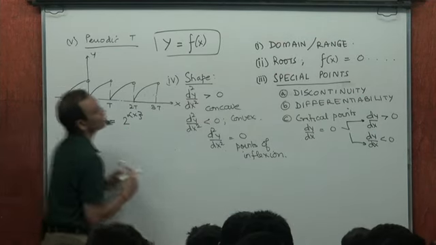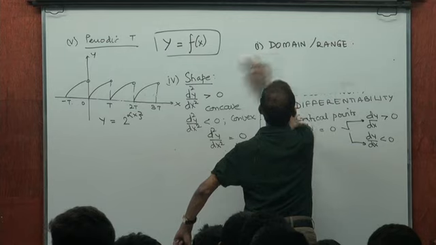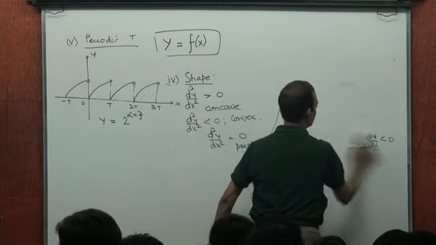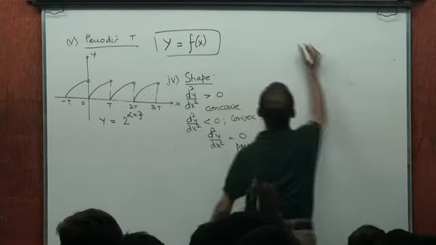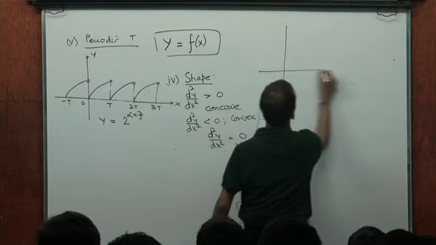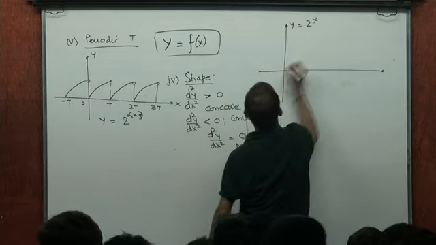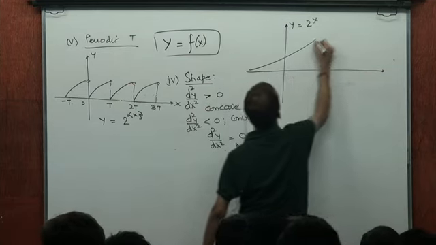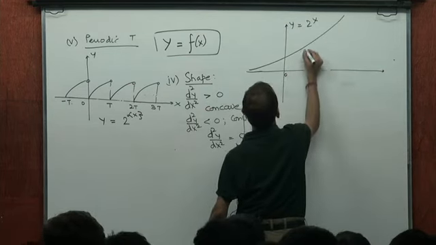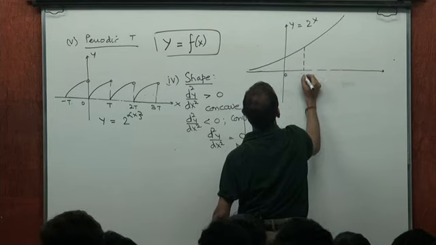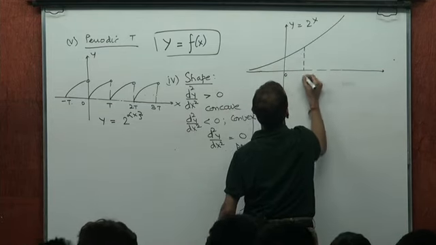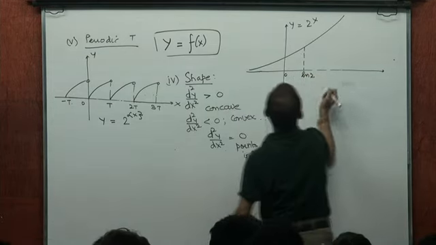Hey, what's the graph of 2 to the power x? The graph of 2 to the power x is this: x equal to 0, x equal to say log 2.